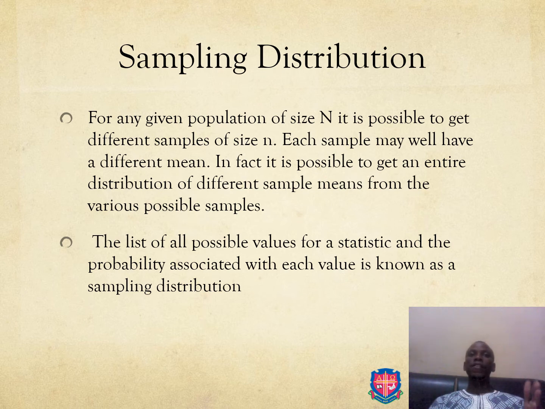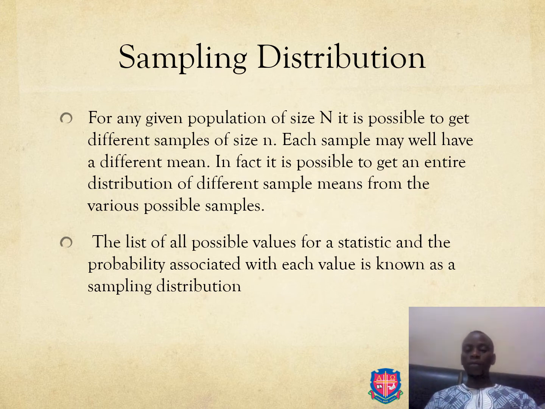You find that the first grouping has a mean of let's say 40 as the average age, and then the other has maybe 30, 20, etc. It's very, very possible that elements from the same population, but in different samples, have different means. It's very, very possible, actually.